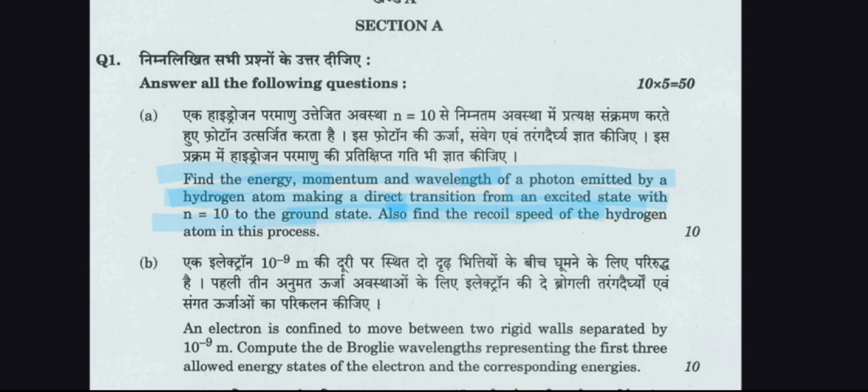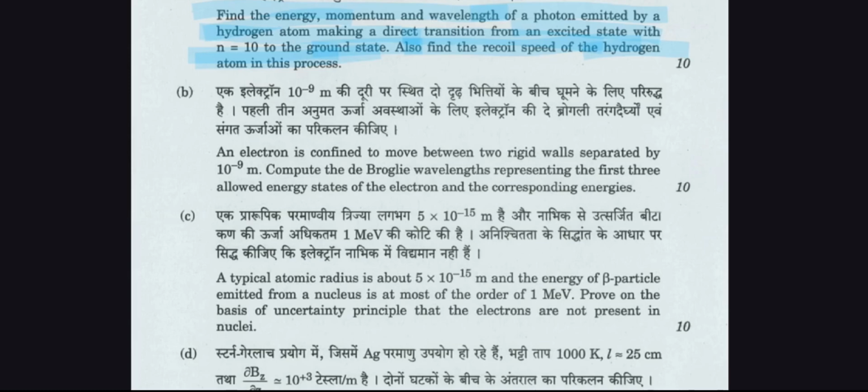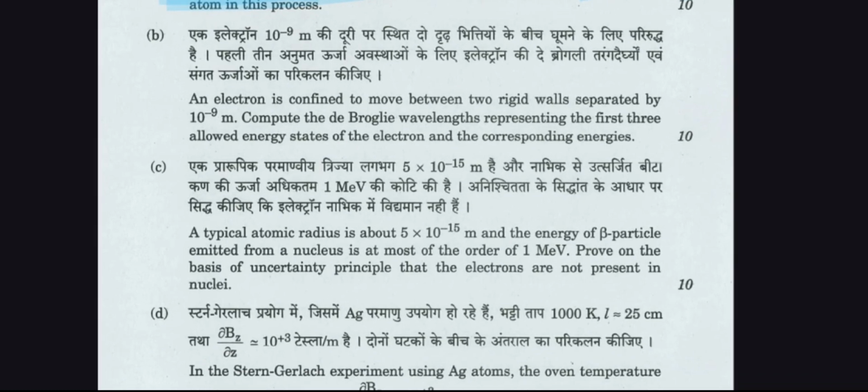Also find the recoil speed of the hydrogen atom in the process. Question B: an electron is confined to move between two rigid walls separated by 10 to the power minus 9 meters. Compute the de Broglie wavelengths representing the first three allowed energy states of the electron and the corresponding energies.